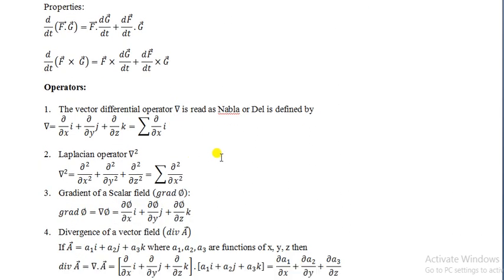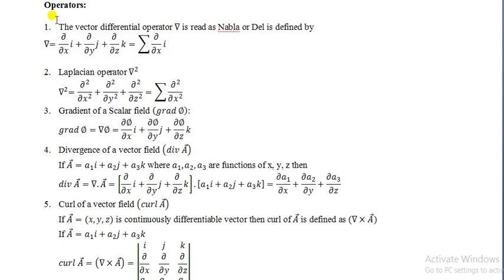Now, the operators in vector calculus. First, the vector differential operator is denoted by an inverted triangle. Symbolically it is denoted in this form, and it is read as nabla, or it is also called del. Del is equal to dou by dou x into i plus dou by dou y into j plus dou by dou z into k.